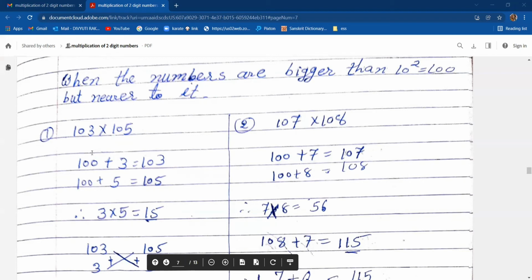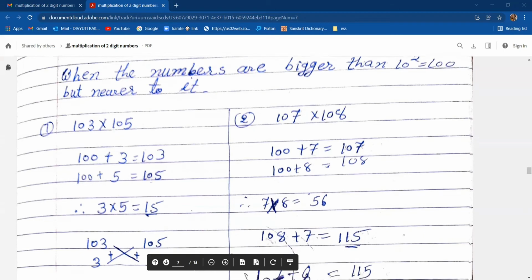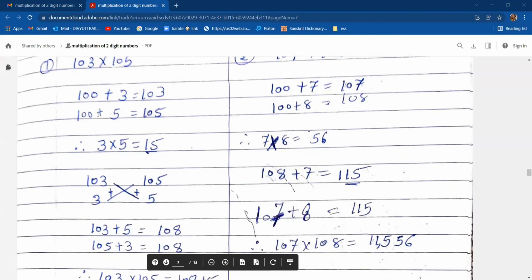Or you can do one more thing: how will you get this 103? In 100, when we add 3, we are getting 103, and when in 100 we add 5, we are getting 105. So our main digits are 3 into 5. So its answer is 15, and this is a 2-digit number only, so I am keeping it as it is.